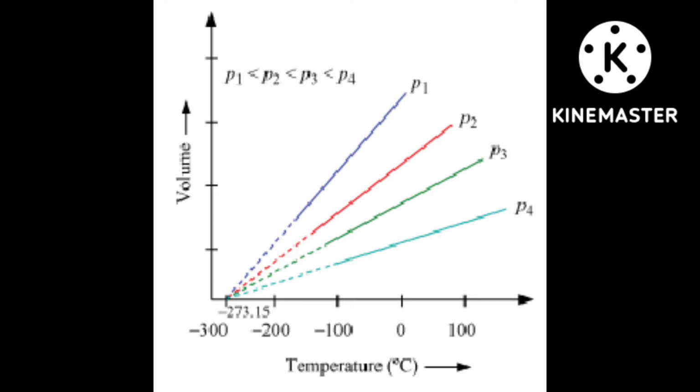Then Vt is equal to V0 times the bracket of 273.15 plus t divided by 273.15. Now here two terms are there. The first new term, 273.15 plus t, actually tells about a new scale of temperature, such that t degrees Celsius on a new scale is given.